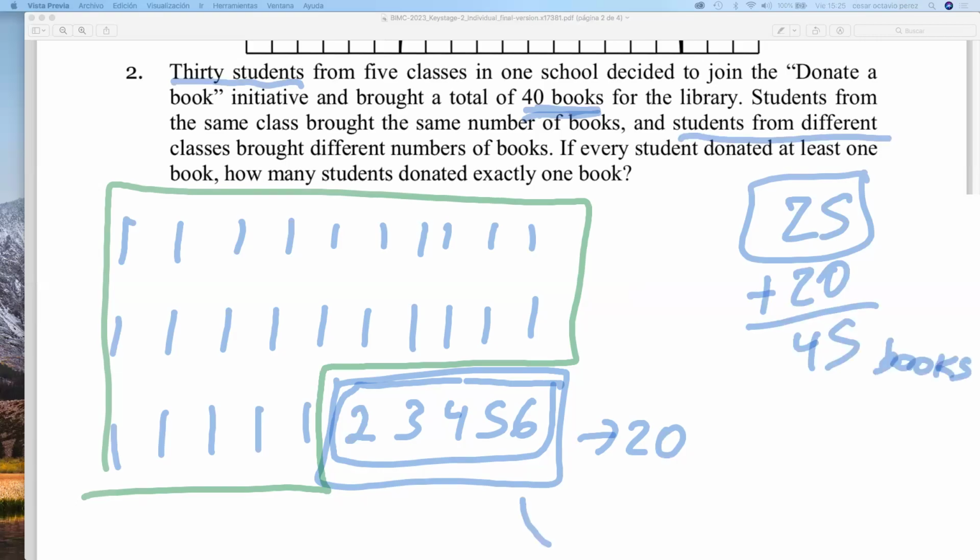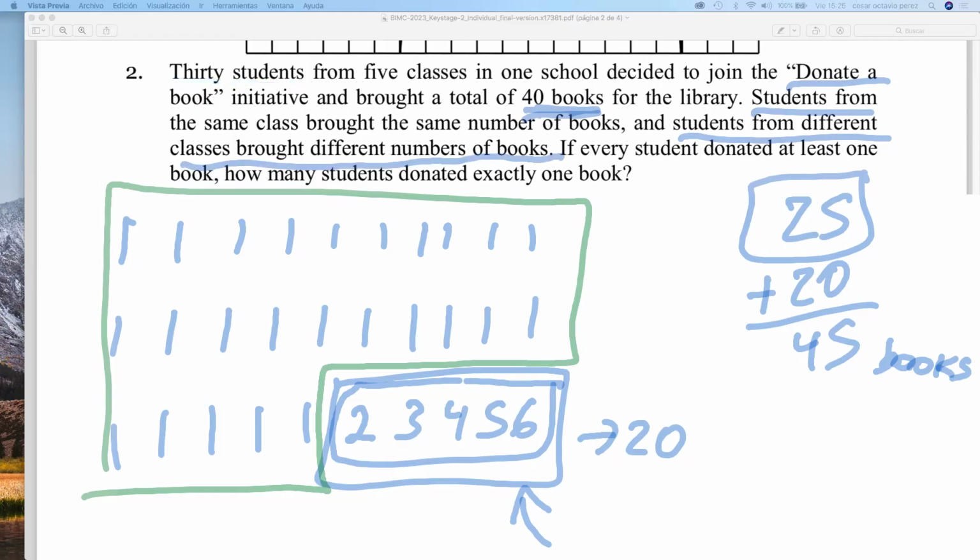Do you understand this? What are their consecutive numbers? 2, 3, 4, 5, 6. Why consecutive numbers? It's because students from different classes brought different numbers of books.